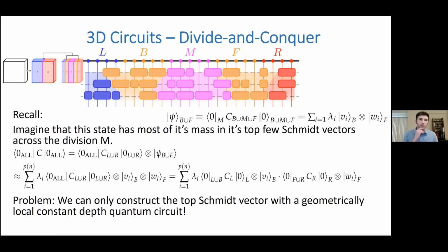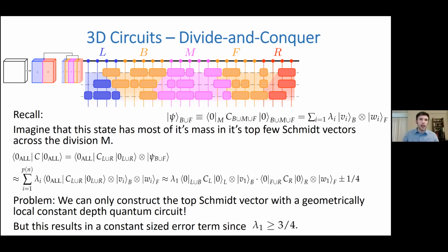So there's another problem, which is that we've only managed to construct the very top Schmidt vector in this manner, not all of the Schmidt vectors. Since the top Schmidt coefficient has 3/4 of the mass, we can approximate the desired quantity by a product of smaller instances of the same problem, but our error term is size 1/4.